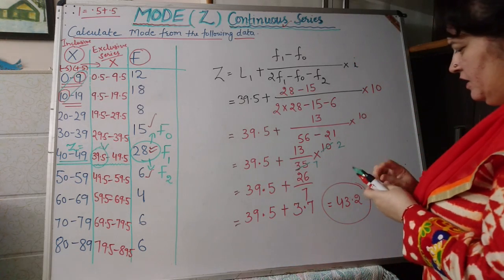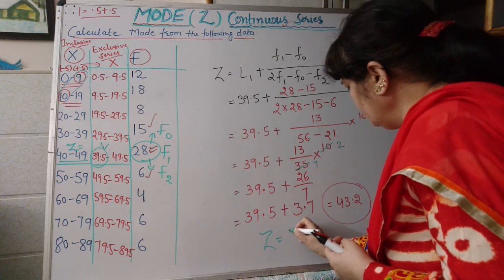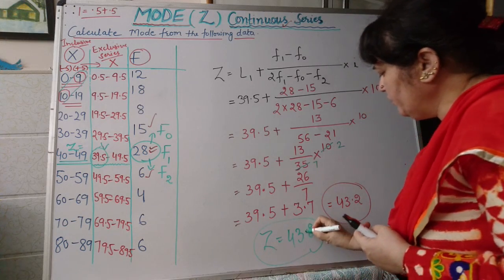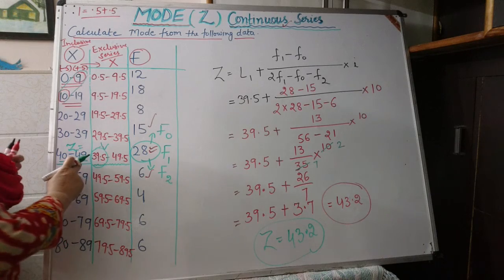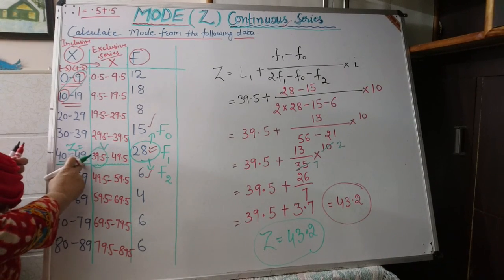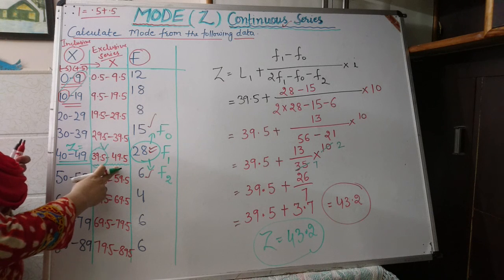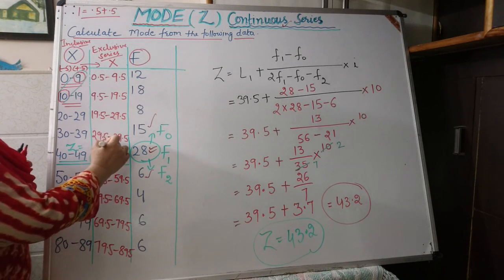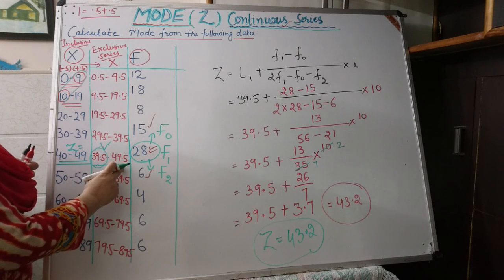So Z is equal to 43.2. We had already estimated that our mode will lie in the class interval 40 to 49 in the inclusive series. We have converted this inclusive series into an exclusive series, so the mode will lie in the class interval 39.5 to 49.5.